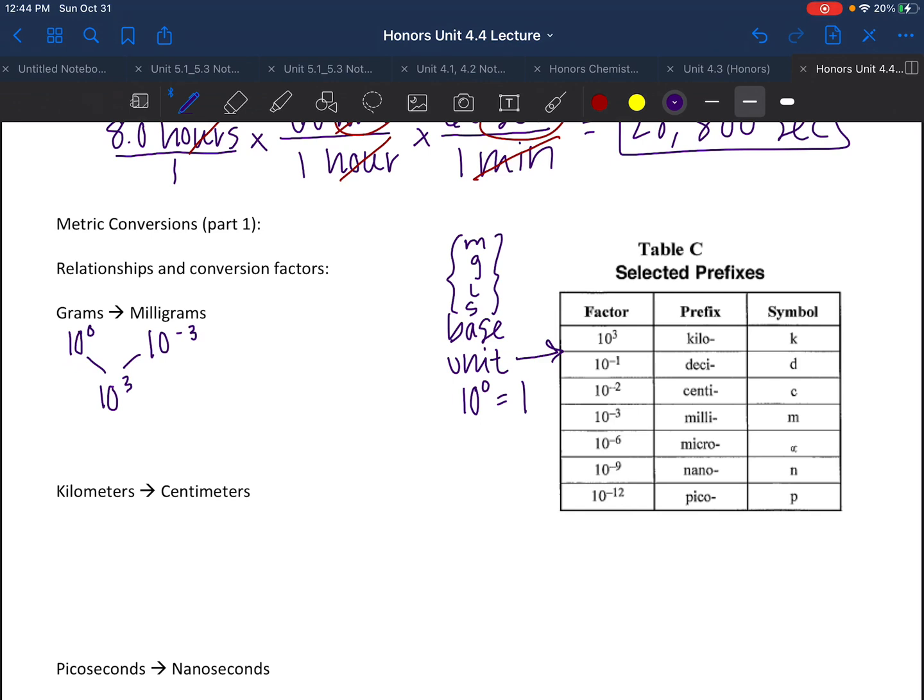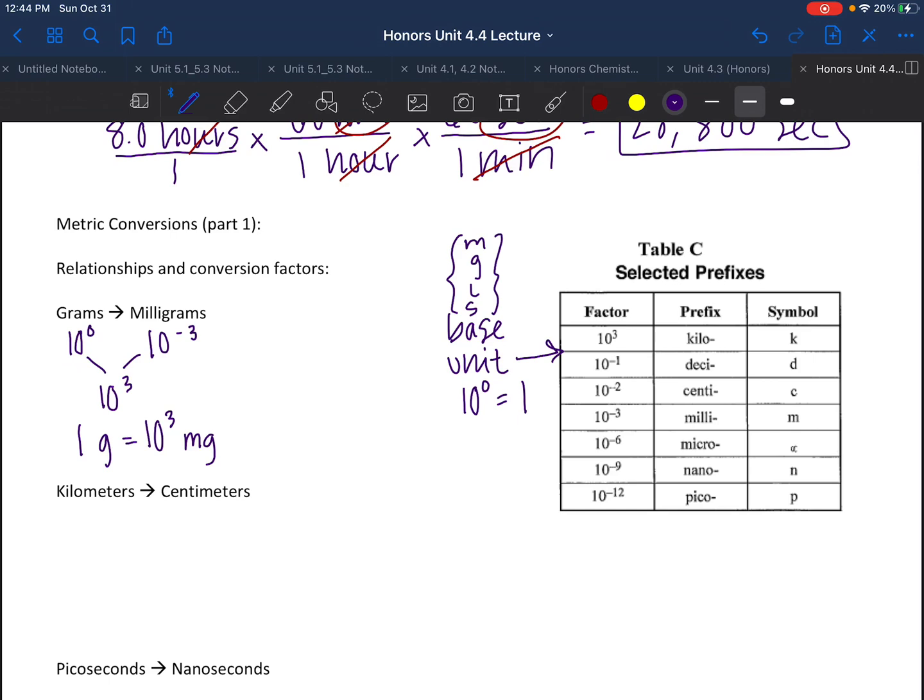Now that we know the difference, if we're setting up the relationship or the equality between grams and milligrams, you are going to give a 1 to the larger unit. In our case, the base unit is higher. Grams is a larger unit than milligrams, so it gets the 1, and we'll give milligrams 10 to the third.